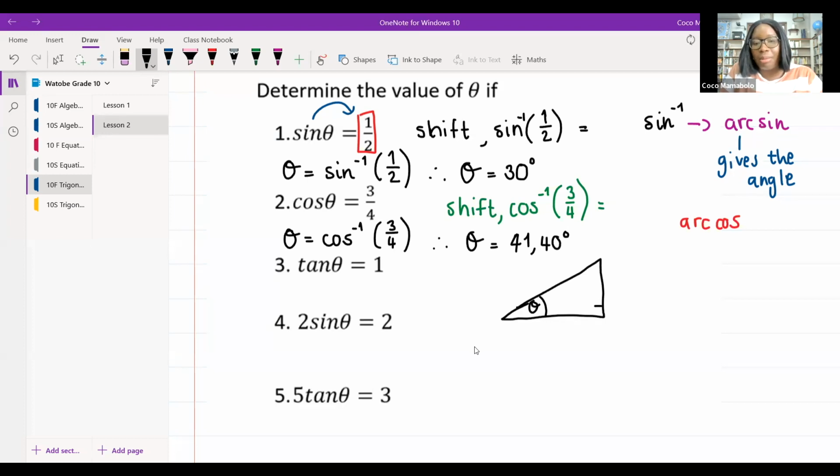You've given me that my adjacent side, because remember cos is A over H, adjacent over hypotenuse, is 3, my hypotenuse side is 4, and then your calculator says your angle over here is actually 41.4 degrees. It's giving you the answer for the decimal.